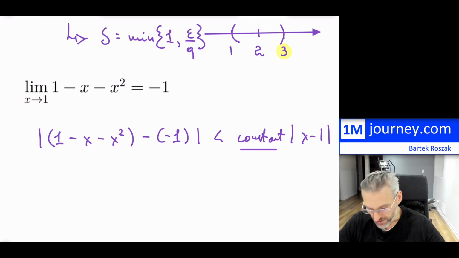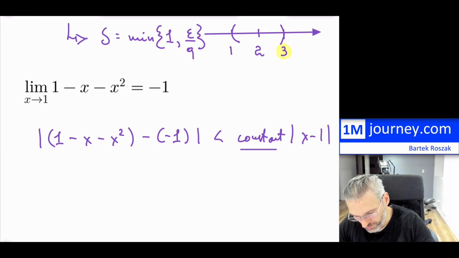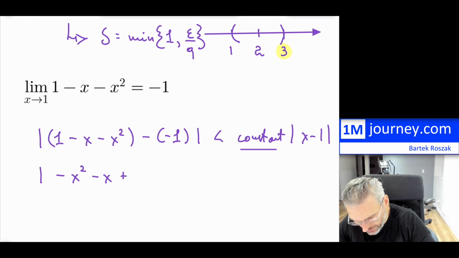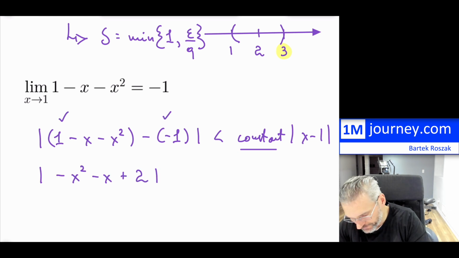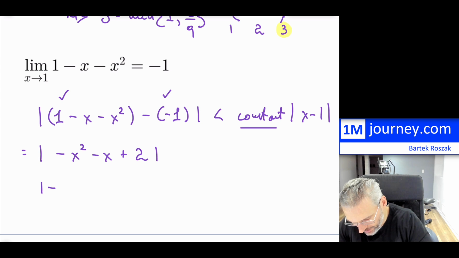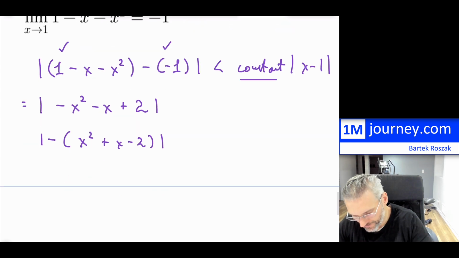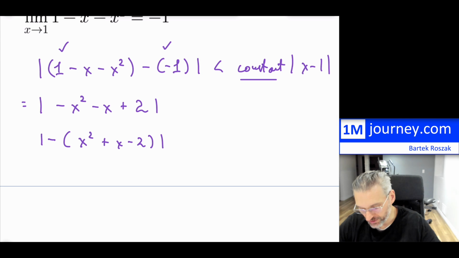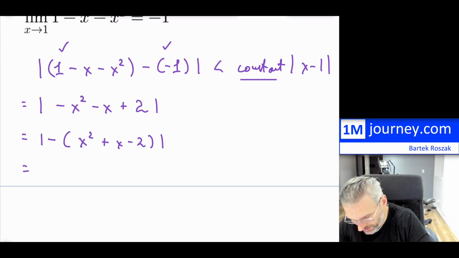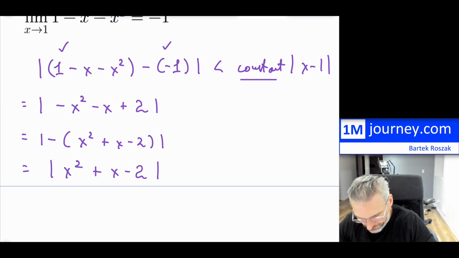Now I'm going to just massage this because of the way that it's set up. When you're taking absolute value, that negative is going to be gone. So this is going to be the same thing as writing just x squared plus x minus 2.